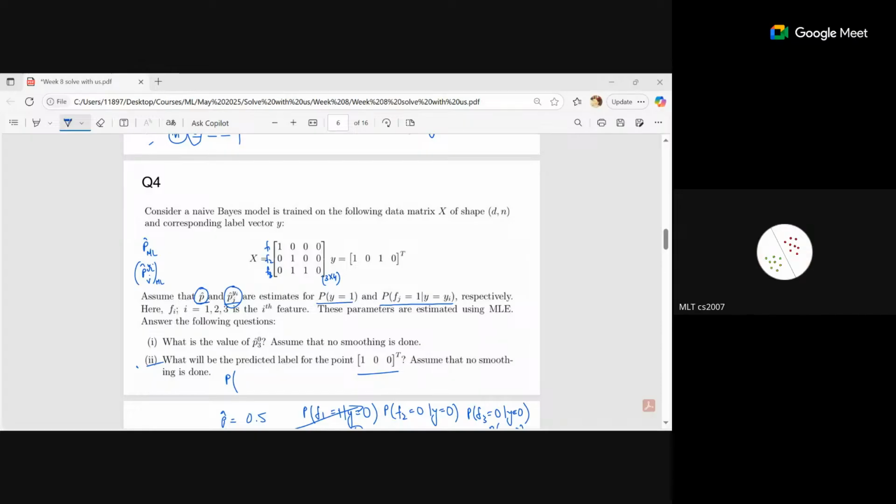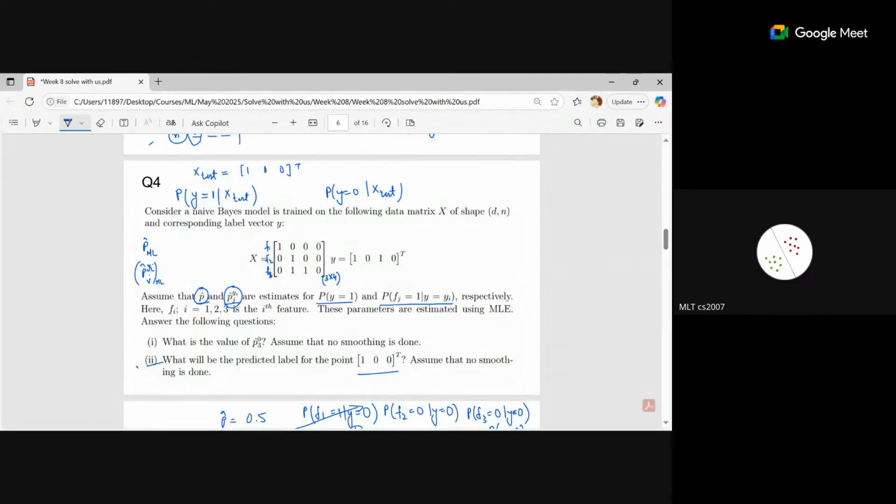Here my x test is 100 transpose. We need to find the predicted label for this x test. So we need to check probability y is equal to 1 given x test and probability y is equal to 0 given x test.